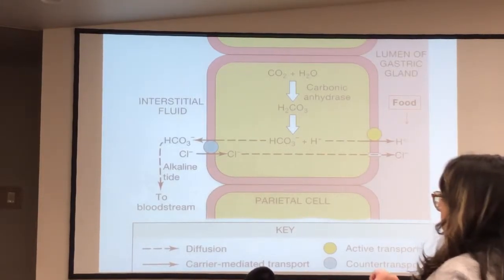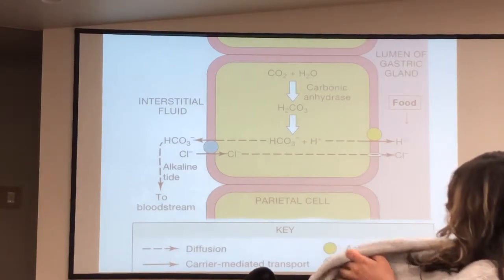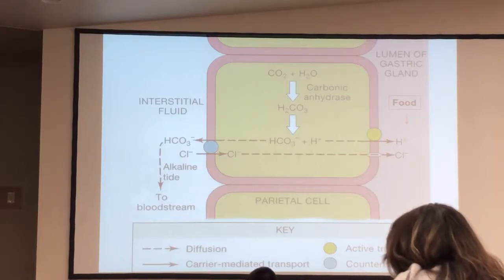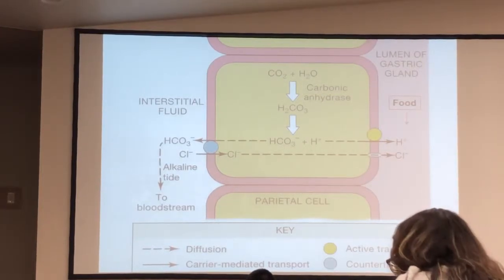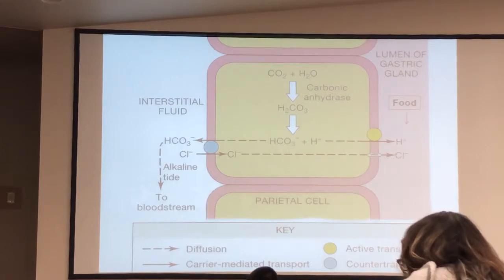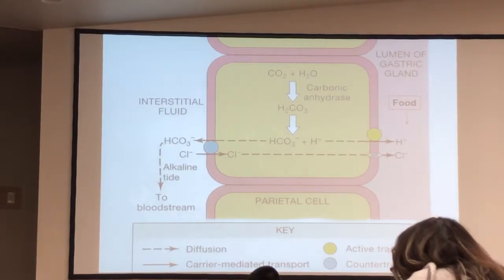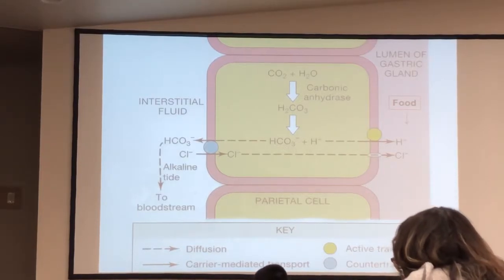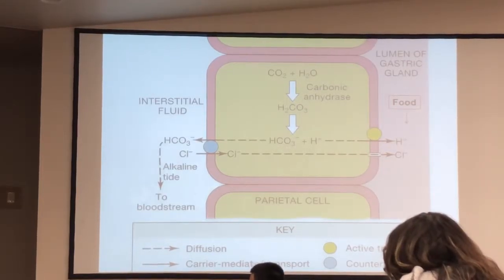And what happened for the pH value in the lumen or stomach? You produce more what? You produce more HCl, right? And so the answer is decrease the pH value in the stomach.